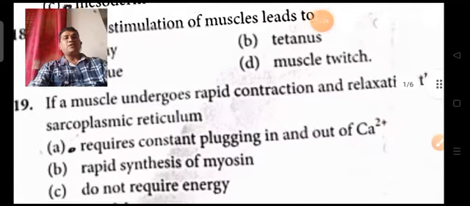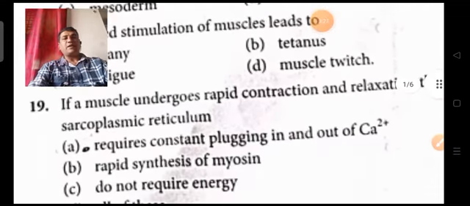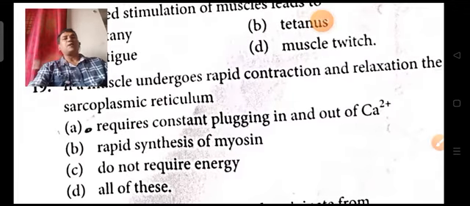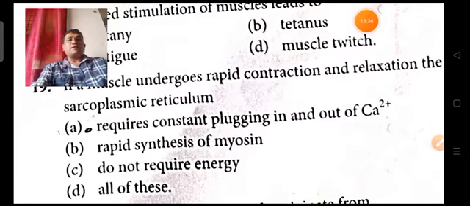Next, 19th question. If a muscle undergoes rapid contraction and relaxation, what happens to the sarcoplasmic reticulum? The options are: requires constant plugging in and out, rapid synthesis of myosin, does not require energy, all of these. When a muscle undergoes rapid contraction and relaxation, the sarcoplasmic reticulum always requires calcium ions.